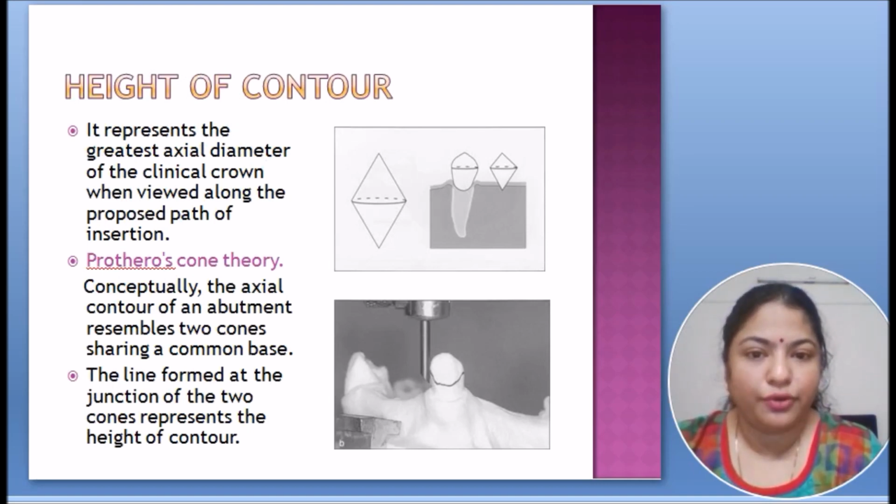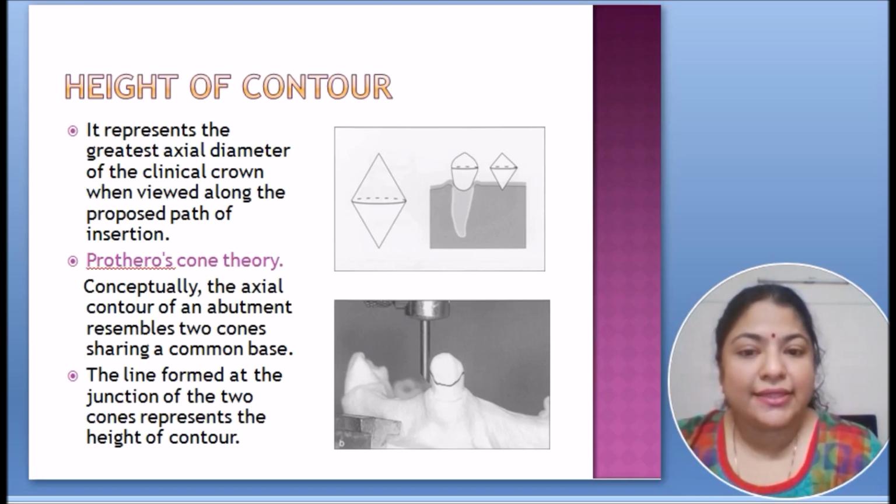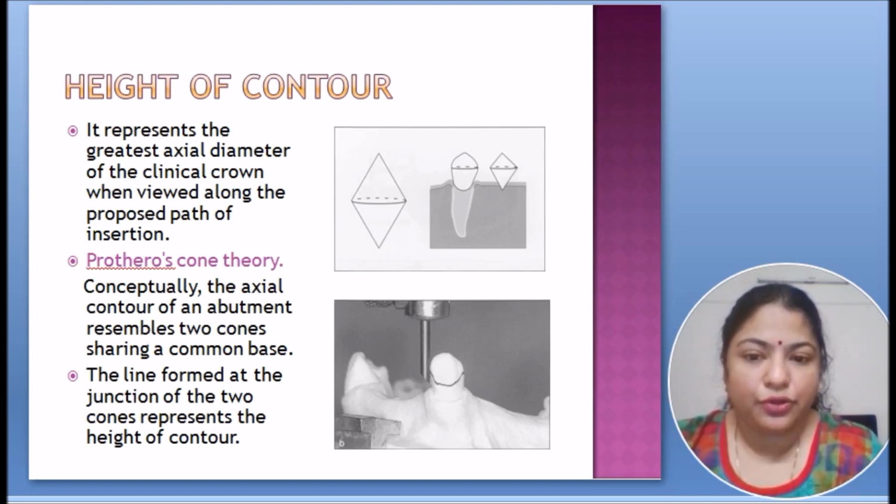The height of contour of any tooth is that imaginary line that represents the greatest axial diameter of the clinical crown when it is viewed along the proposed path of insertion. That means you have decided the path of insertion, and on that path the maximum circumference of the tooth is the height of contour.